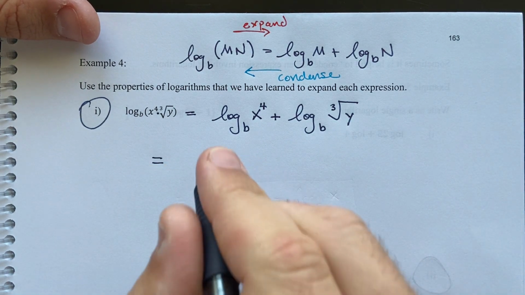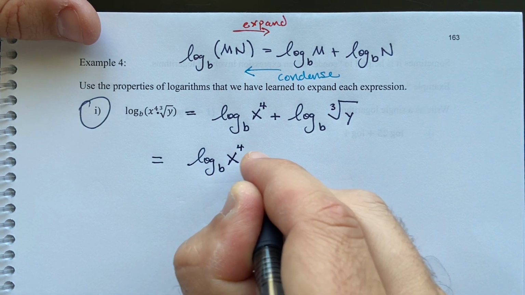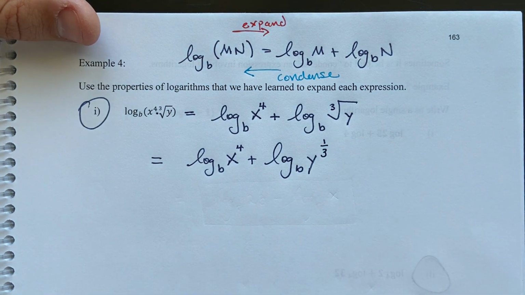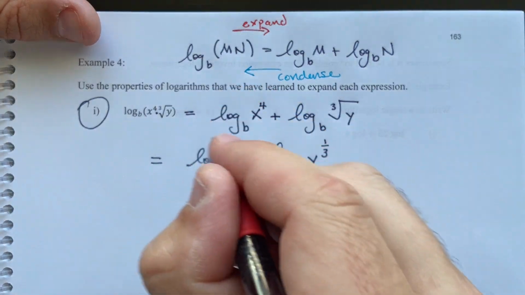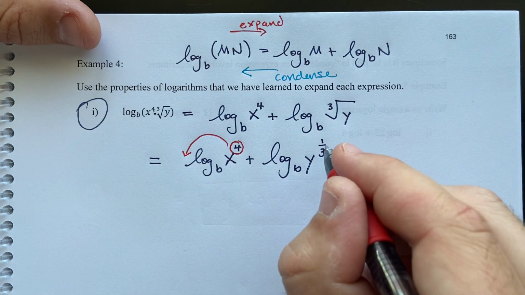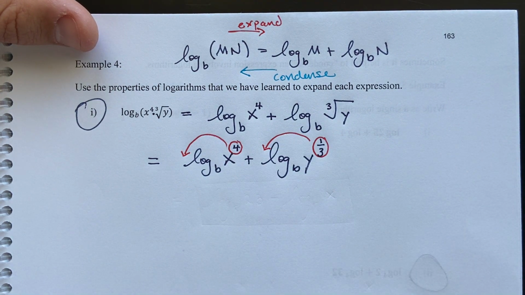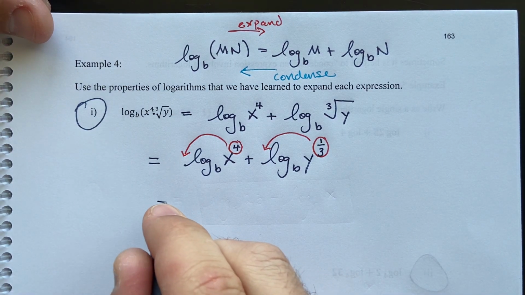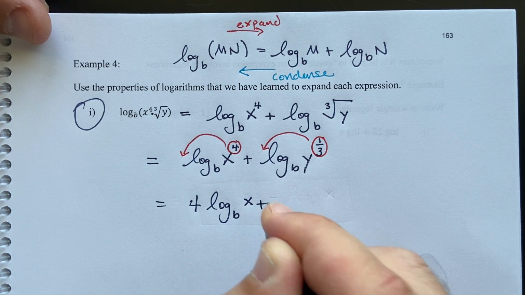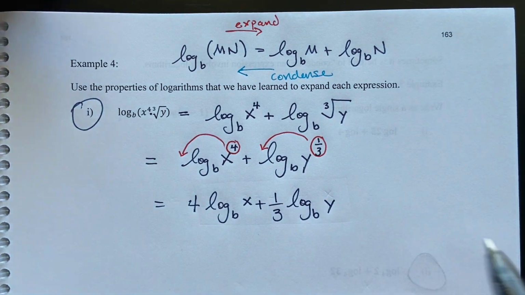So this would be equal to log base b of x to the fourth plus log base b of y raised to the 1/3 power. So the only thing left to do is to perform that power rule. I'll bring both of these powers out in front. So we'd have 4 log base b of x plus 1/3 log base b of y.